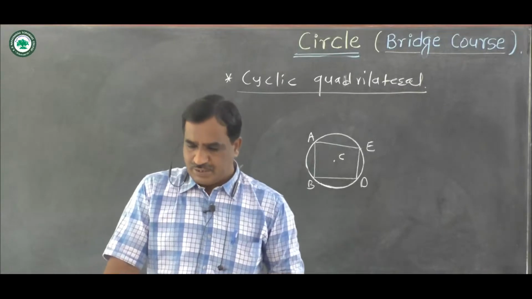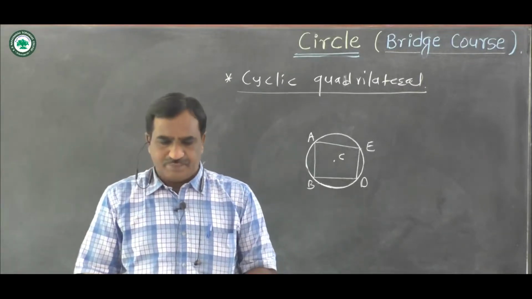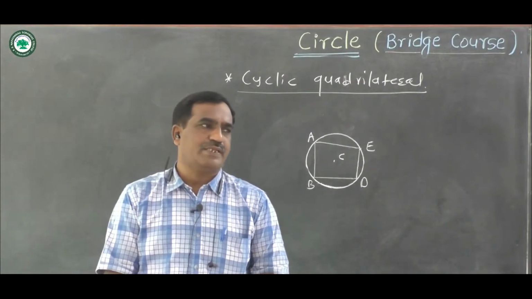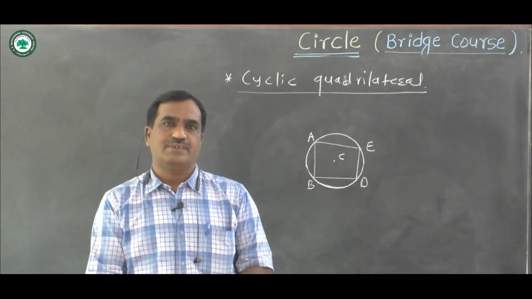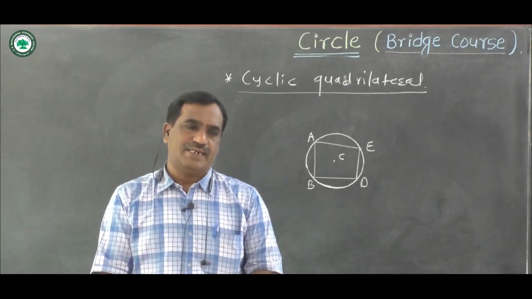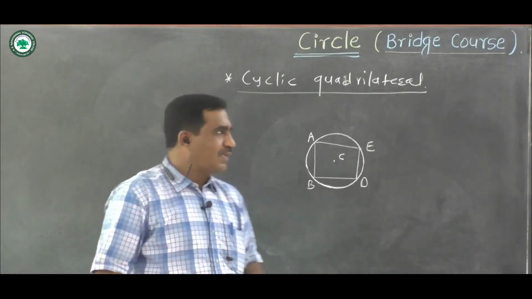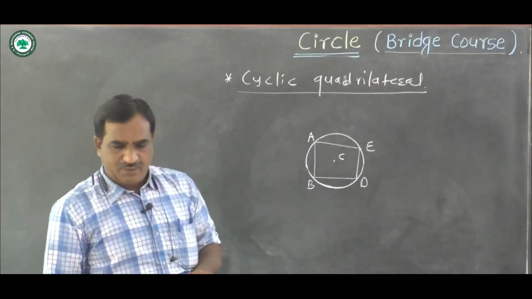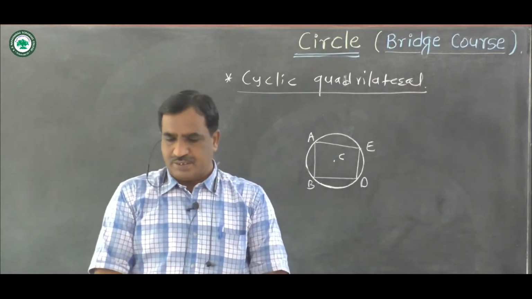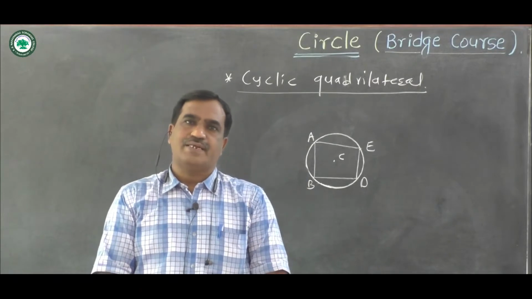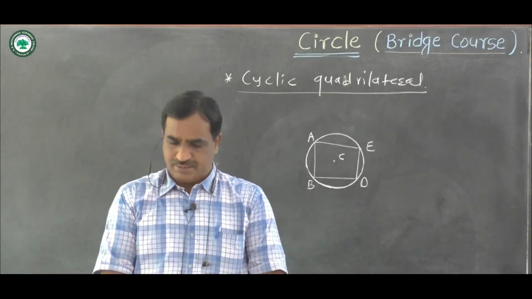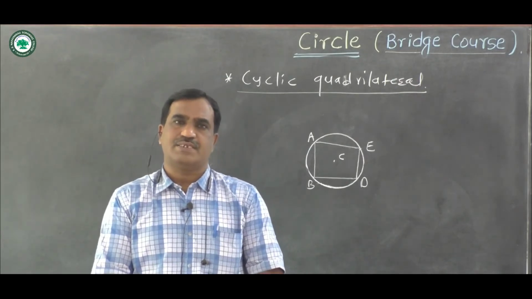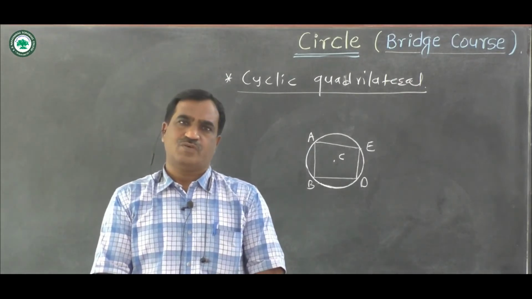Now we have seen the information about the circle and its properties, which are in 7th standard, 8th standard and 10th standard. The last part in 10th standard is the cyclic quadrilateral and two or three more results. First, the theorem of angle between tangent and secant. Second, the theorem of internal division of chords. Third, the theorem of external division of chords.